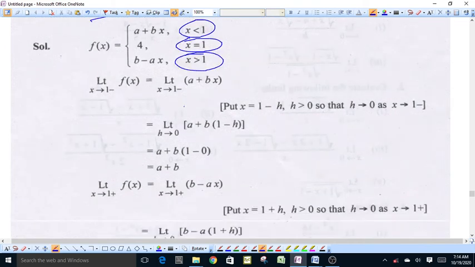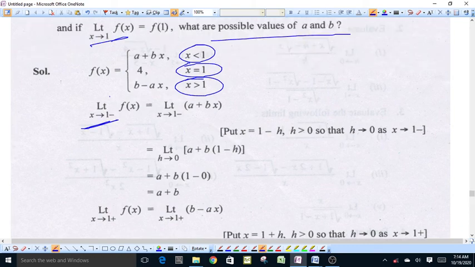Now left hand limit of function as x approaches to 1 from left is equal to, for left hand limit we take the function a plus bx, because f(x) is equal to a plus bx when x is less than 1.